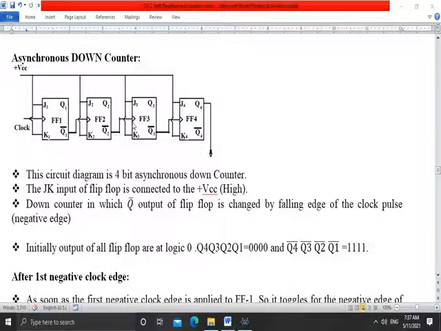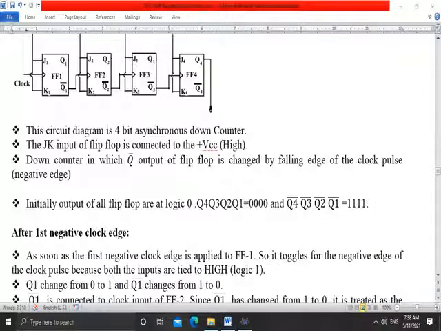Similarly, the clock input for flip-flop 3 is the Q bar output of flip-flop 2, and the clock input for flip-flop 4 is the Q bar output of flip-flop 3. All the flip-flops are negative edge triggered, so the change occurs when the clock goes from 1 to 0.